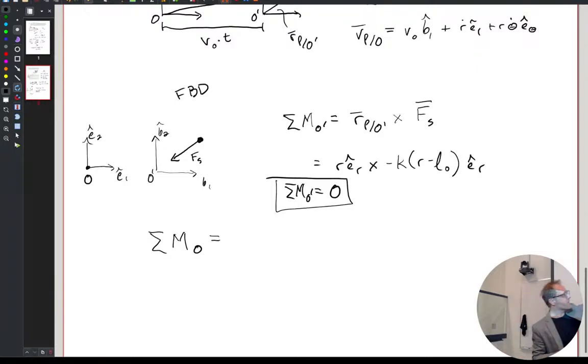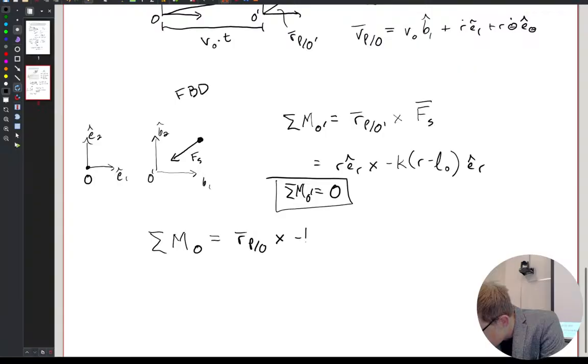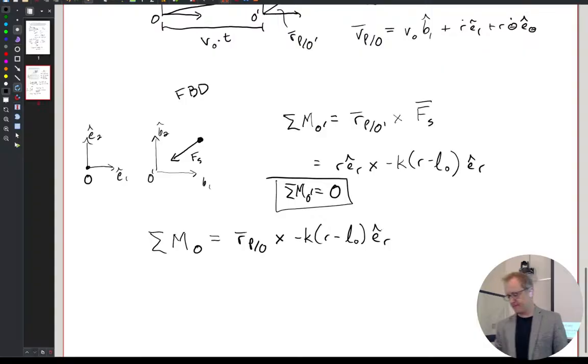Before it was RPO prime crossed with FS. What's our new one? RPO. Yep. And we can use that same definition, right? Negative K R minus L0 along that ER. Is this still 0?